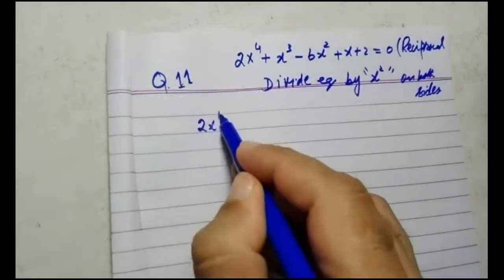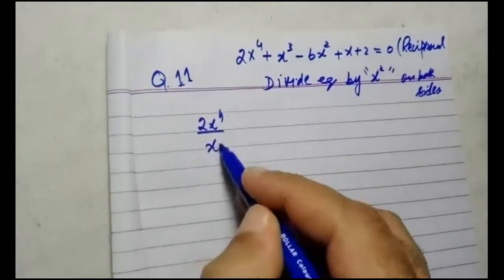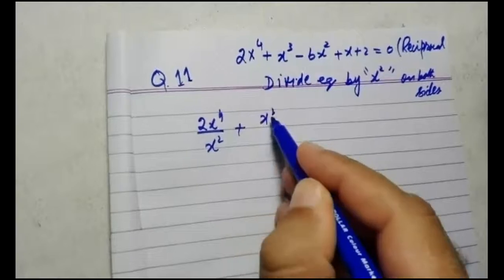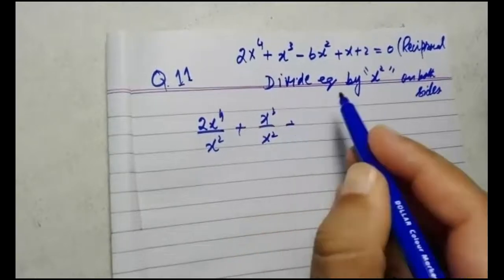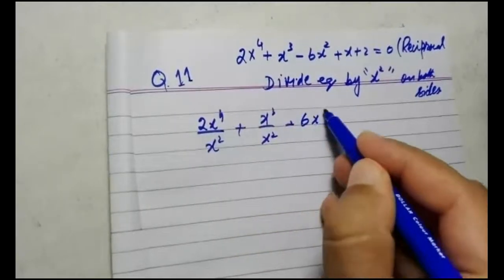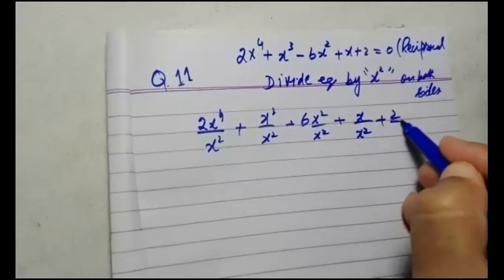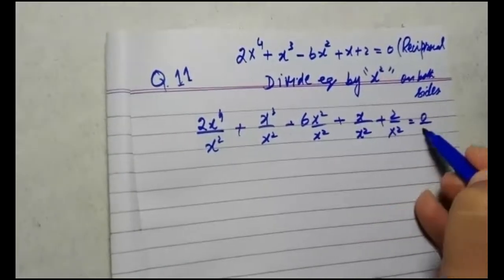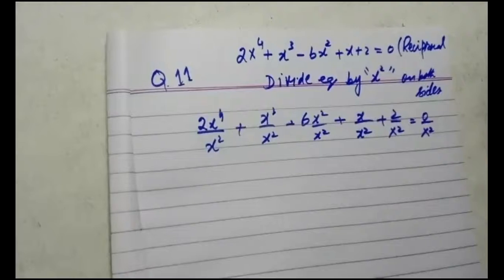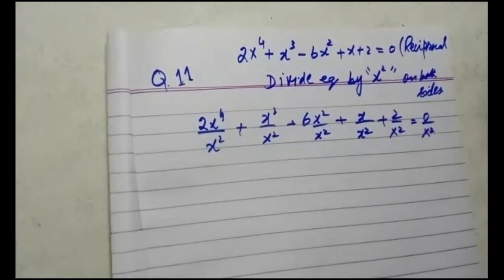2x raised to power 4 over x square, x raised to power 3 over x square, 6x square over x square, x over x square, 2 over x square, and 0 over x square. So the method is that you divide all the terms by x square. This is the first step that you will perform.